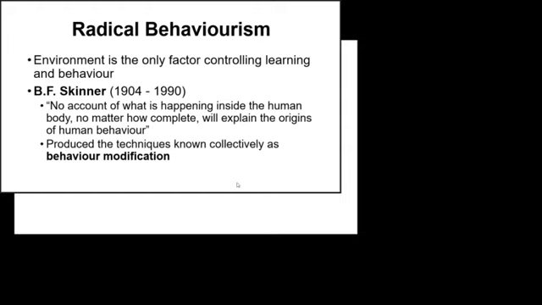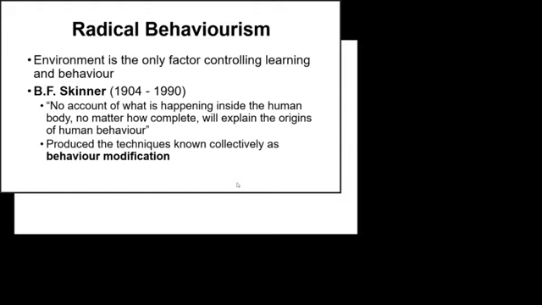So whereas a normal behaviorist would say that the mind is irrelevant, we're going to focus on how we interact and respond to our environment, a radical behaviorist would say that not only is the mind irrelevant, we're not going to consider it at all. It's not going to contribute. It doesn't exist as far as we're concerned.